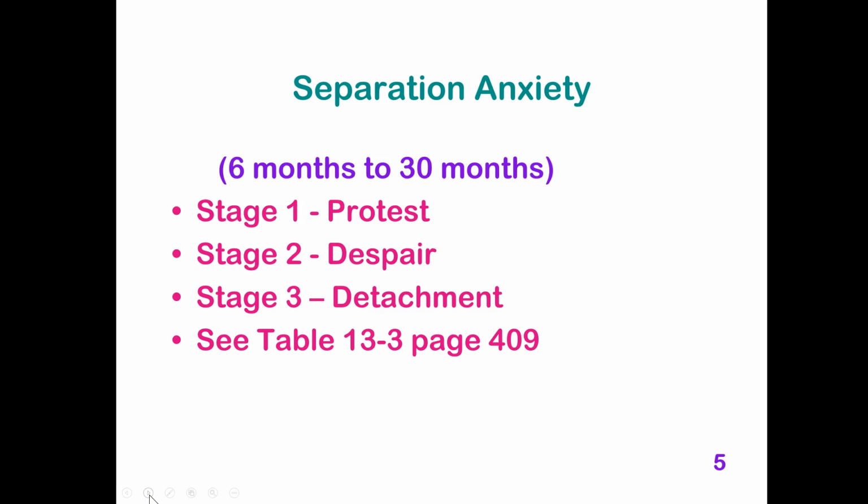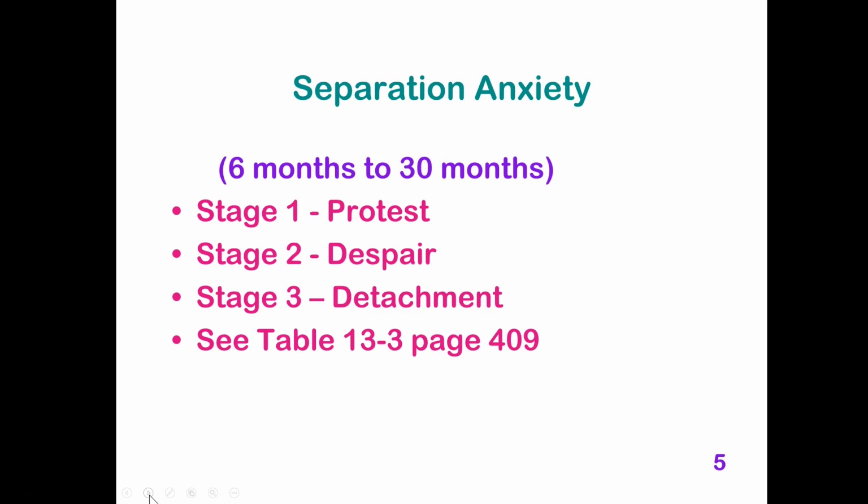Separation anxiety, there are 3 stages. I encourage you to look at table 13.3 on page 409. And it's pretty self-explanatory. Stage 1 is protest, so the child is going to protest.